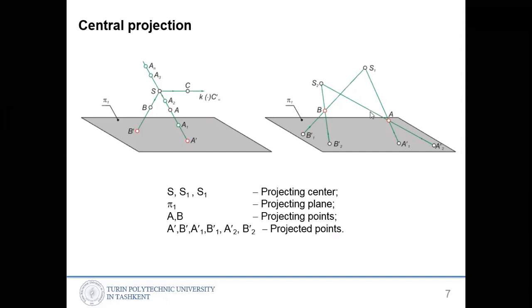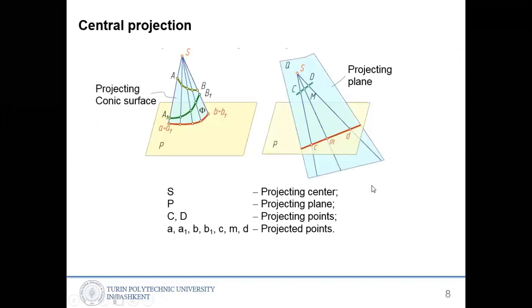If you want to project using the S2 projecting center, you can generate A2 dash. Similar for B: the projection of B using S2 gives B2 dash, and with S1, B1 dash. So similar projection ways. That is a central projection.